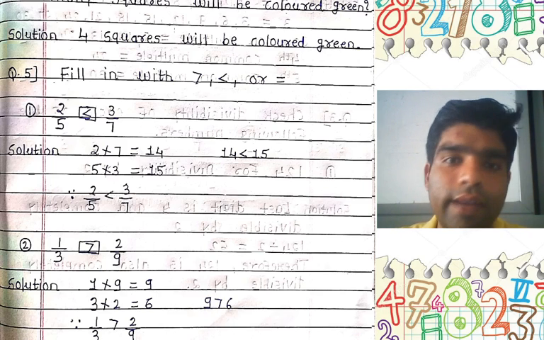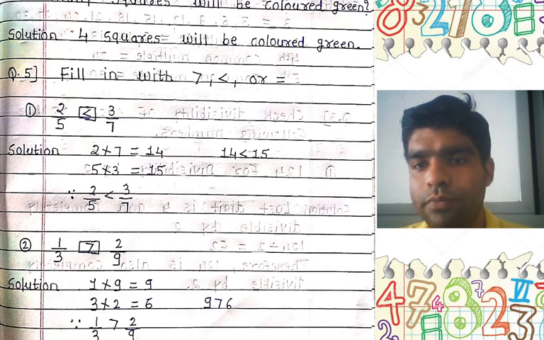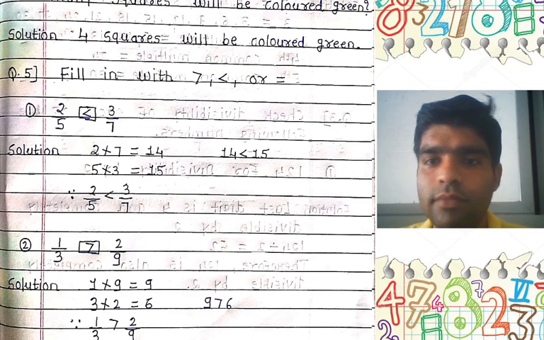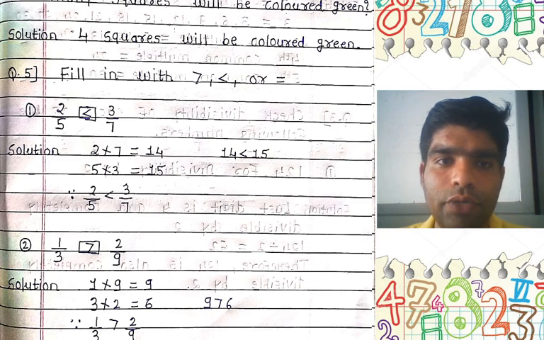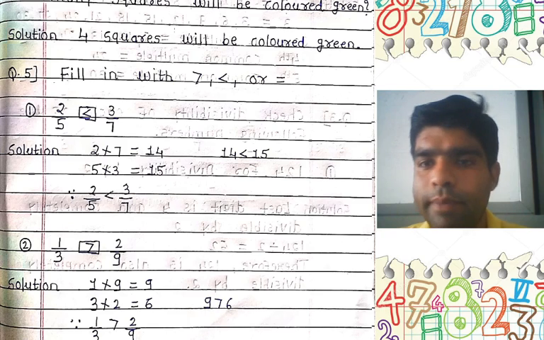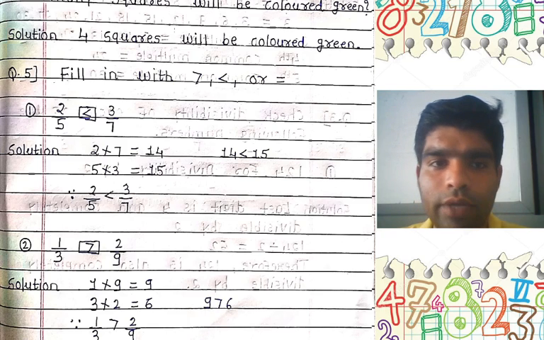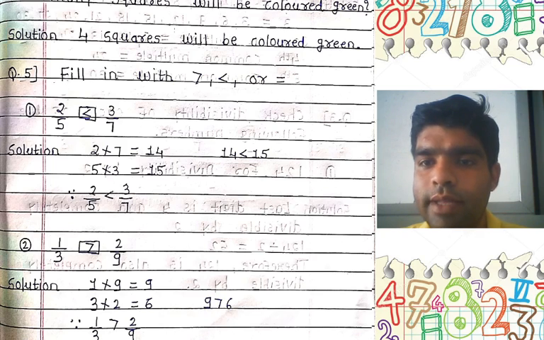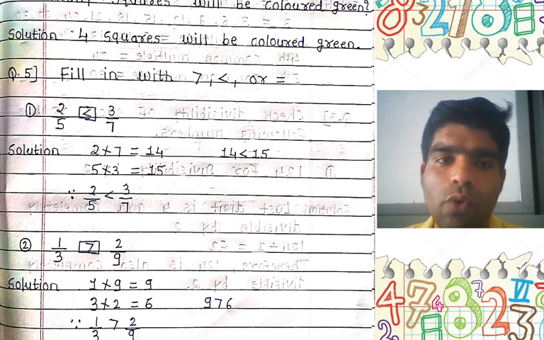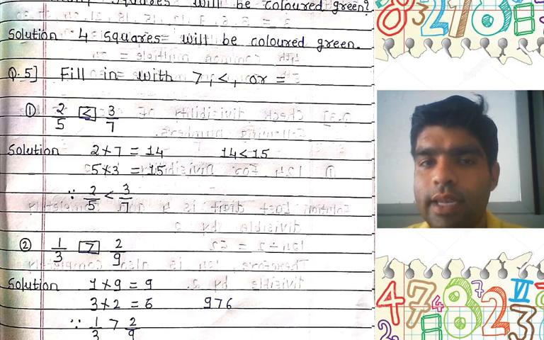For the first example, 2 upon 5 and 3 upon 7, 2 multiplied by 7 gives 14, and 5 multiplied by 3 gives 15. Definitely 14 is less than 15. That is why 2 upon 5 is less than 3 upon 7.